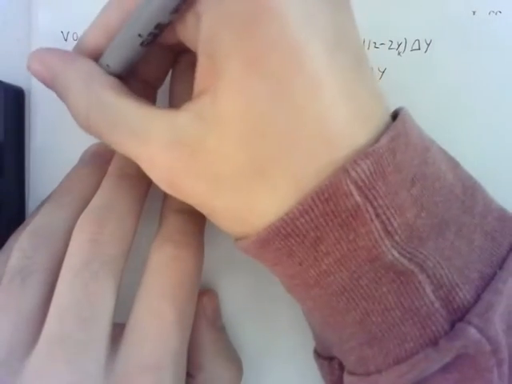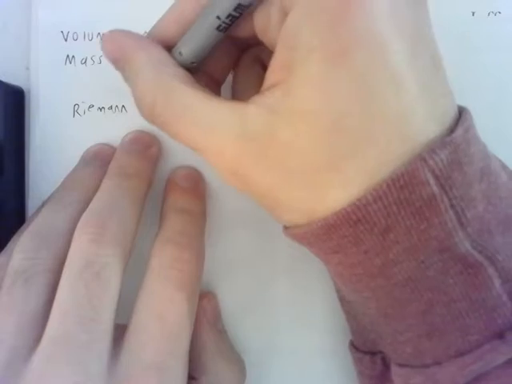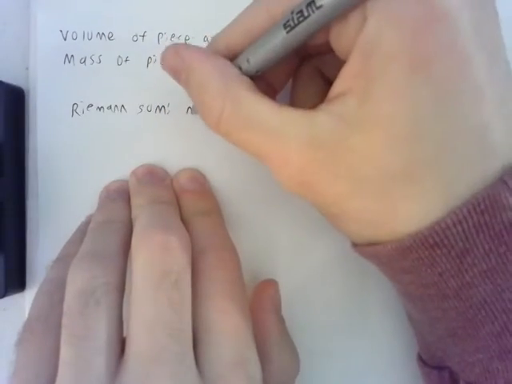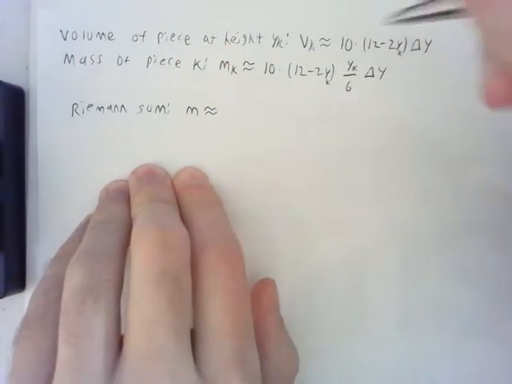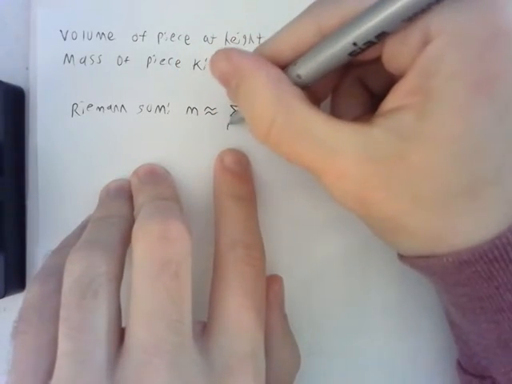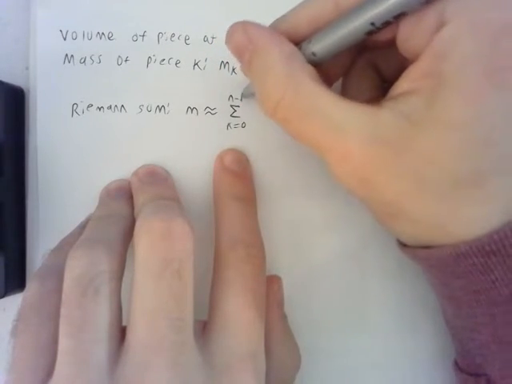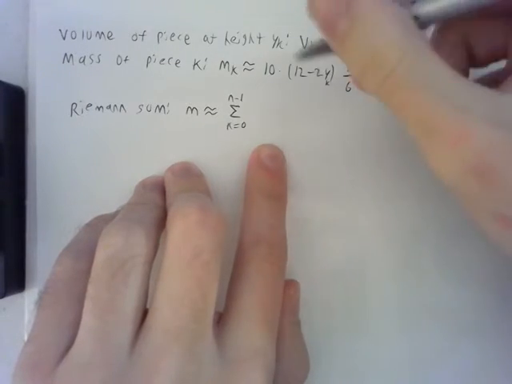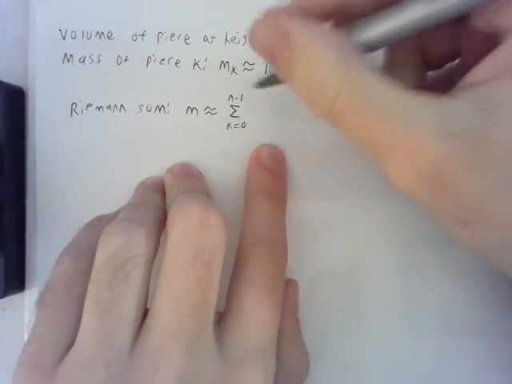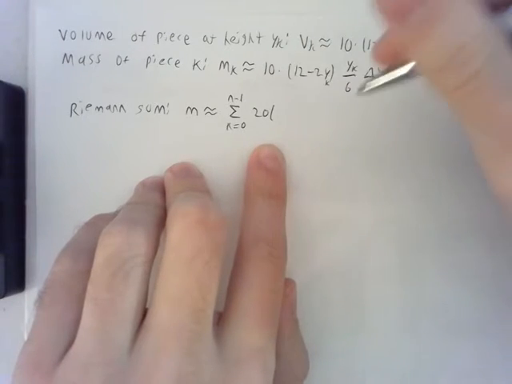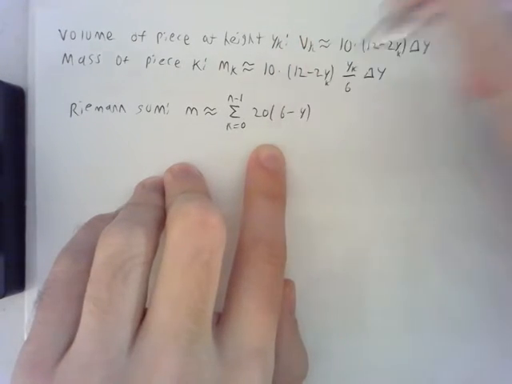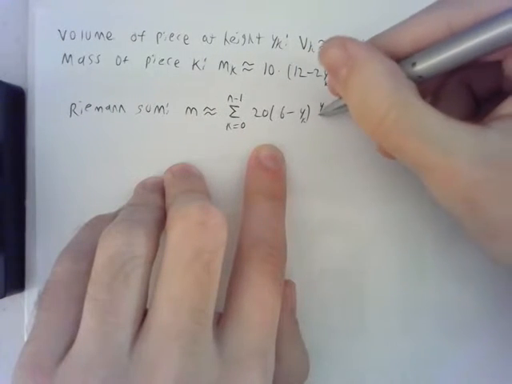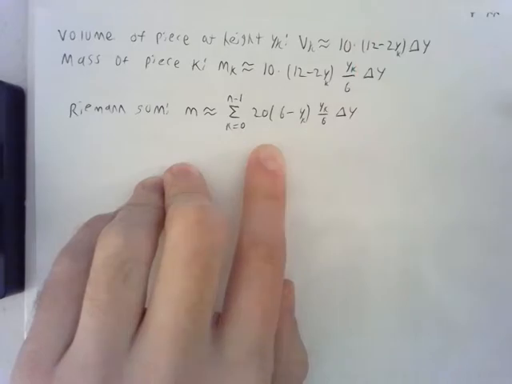So now our Riemann sum to estimate the total mass of the object is going to be the sum from 0 up to n minus 1, since we're using a left-hand sum, of, let's see, we can factor a 2 out of this thing to get 20 times 6 minus yk times yk over 6 delta y.